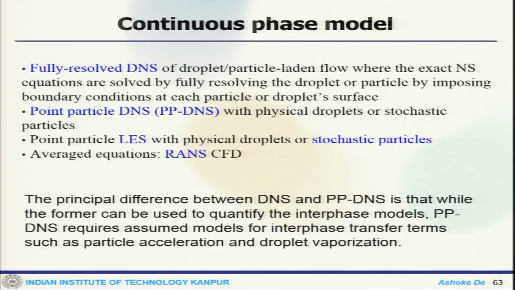Now, in a continuous phase model, one can do fully resolved DNS, which is basically the droplet particle laden flow where the exact equations are solved, or point particle DNS, or point particle LES. The LE approach discussed so far couples the Lagrangian tracking of the computational particle to a carrier gas flow based on the RANS equations. These are the approaches one can adopt and take into consideration.